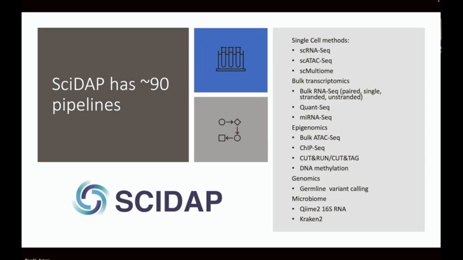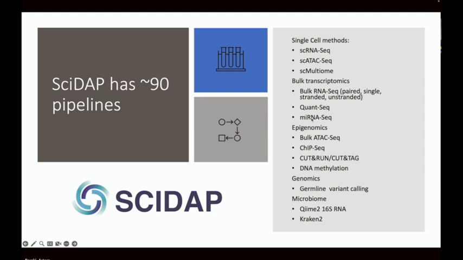Overall, we have some 90 pipelines, and they can be used to process data generated by single-cell methods like 10x RNA, ATAC, and multi-omic. We're adding Rhapsody and TCR. Bulk transcriptomics: paired, single, stranded, various kinds of unstranded.